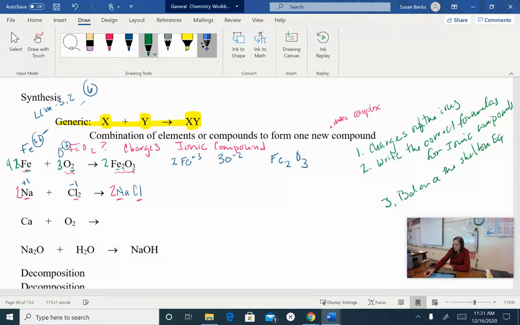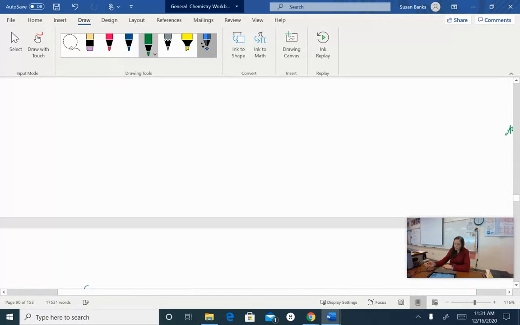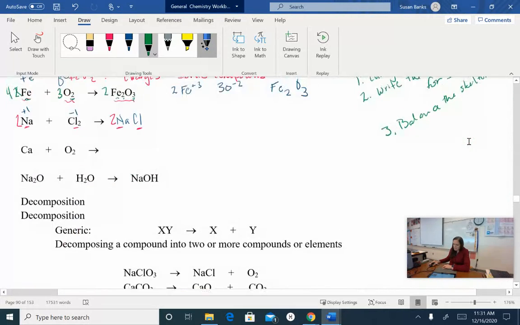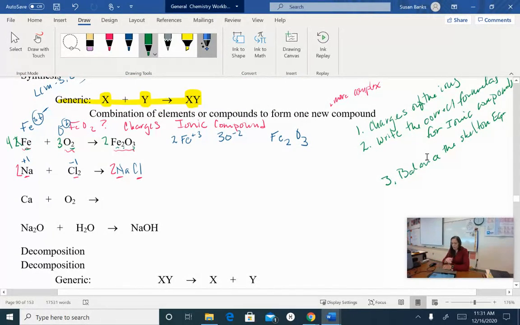Now, a skeleton equation is just the equation with the formulas. It doesn't have the coefficients in there, okay? So it's actually a 3-step process. We have to get the charges, then we have to write the correct formula. Then, once we've got the correct formulas written, we go back and we balance the equation, okay?